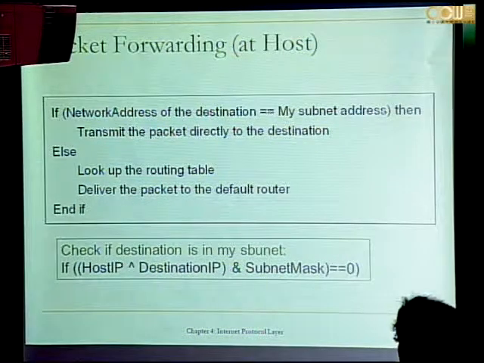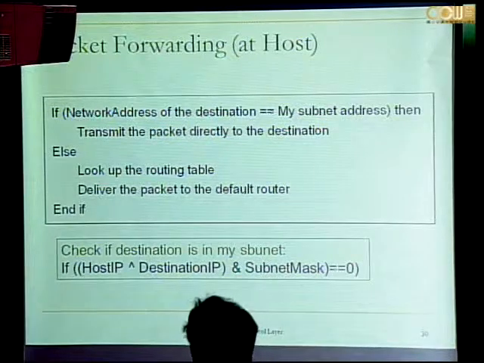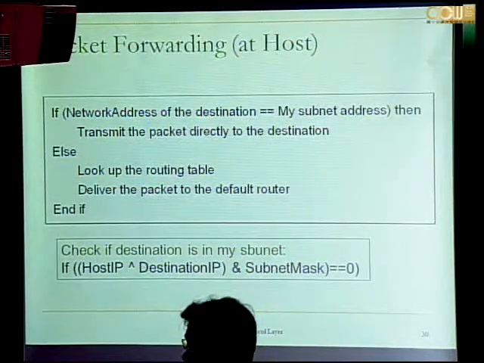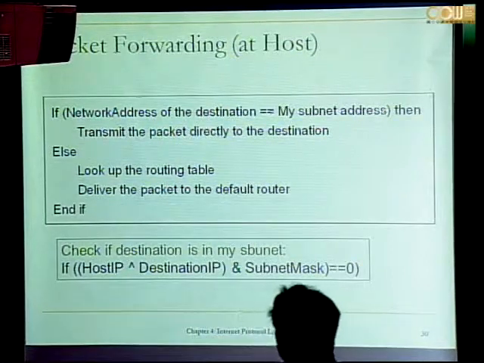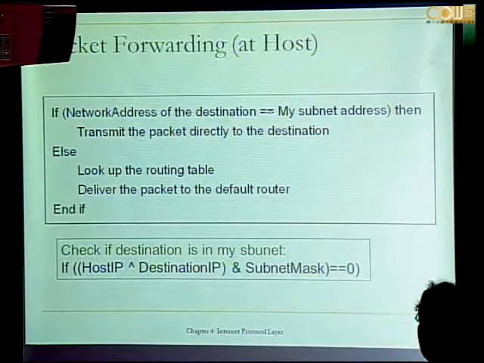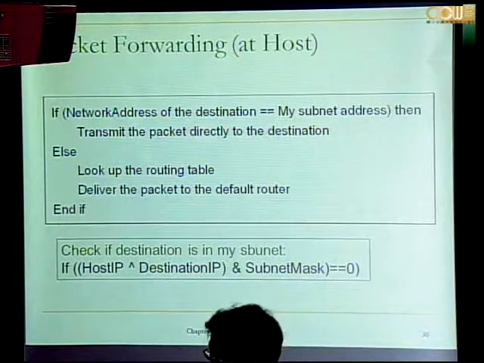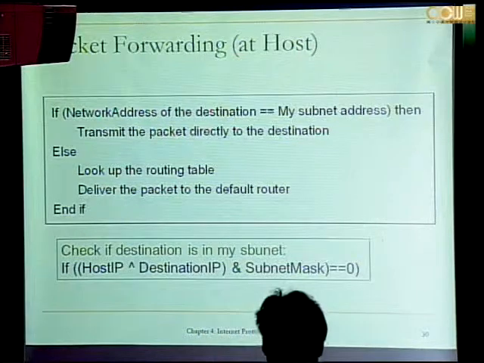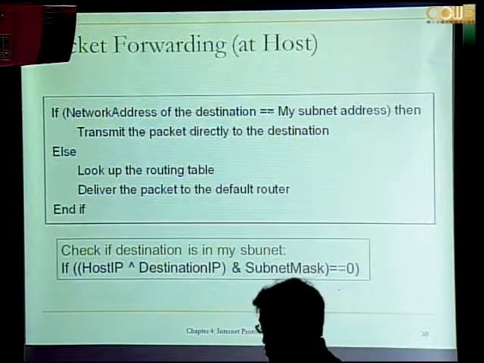If this is the same, then we are in the same subnet, and I can send the packet to the destination without involving the router. I would send the packet directly to the destination. But if it's not the same, that means we are not in the same subnet. Then I would look up the routing table to find my default router and send the packet to the default router.